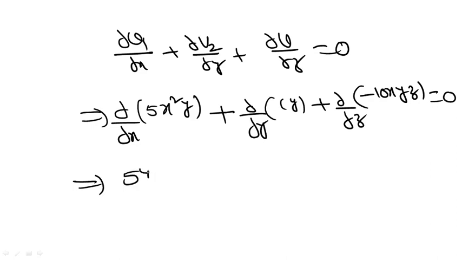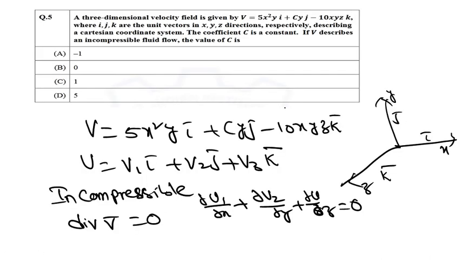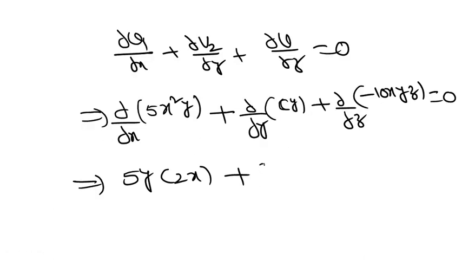So 5y is taken outside, and the partial derivative of x squared is 2x. Given that c is an arbitrary constant, I have taken c outside. Dou by dou y of y is 1. Here also 10xy is taken outside, and dou by dou z of z is 1, equal to 0.